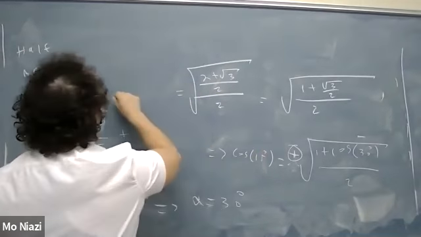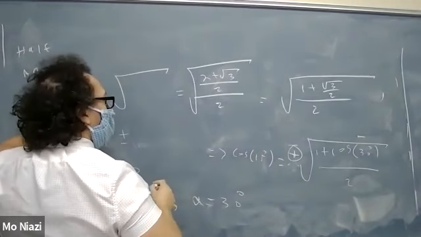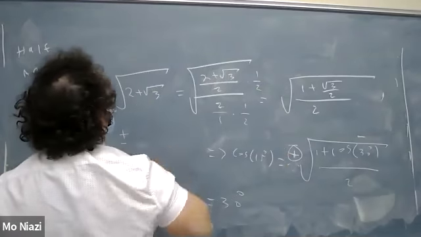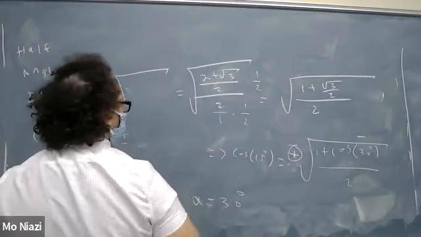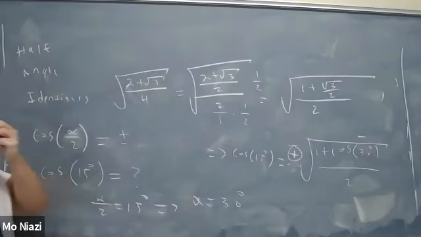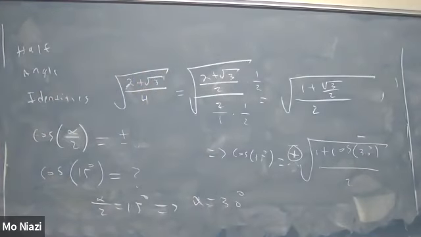Well, multiplying top and bottom by reciprocals, it's this. Oh, wait. I actually messed up here. This needs to be over 4. That's what the cosine of 15 is.